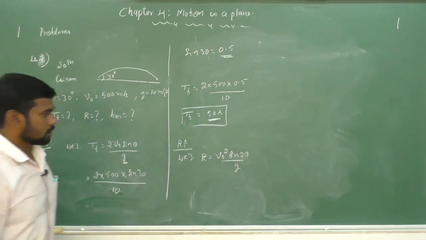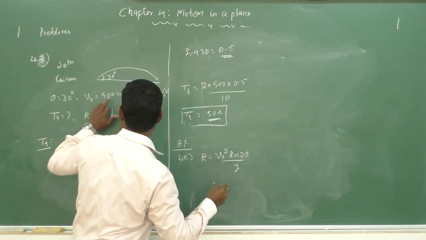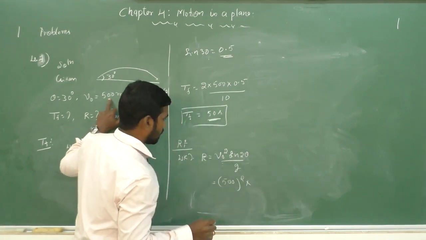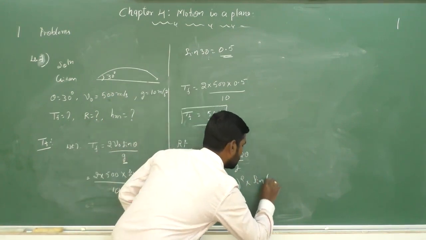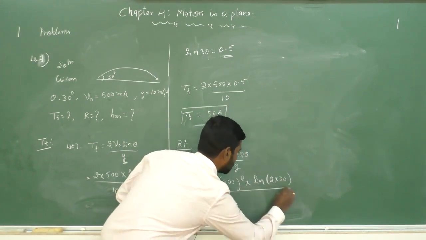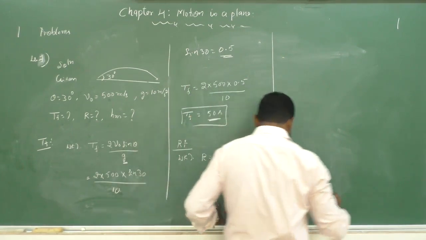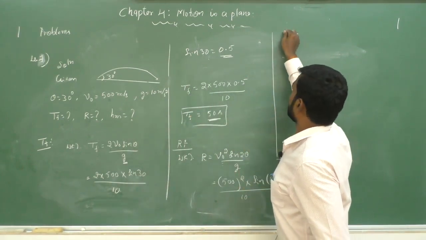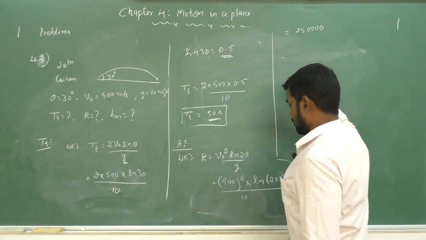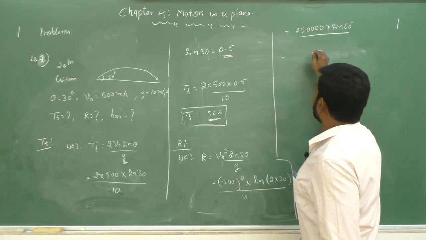Substitute here: V naught value is 500 square into sin 2 theta, where theta value is 30, so 2 into 30, divided by 10. 500 square is 25,000, and here sin of 60 degree divided by 10.